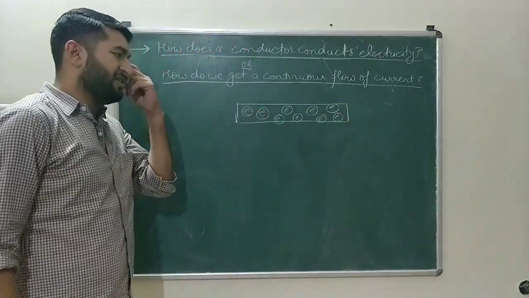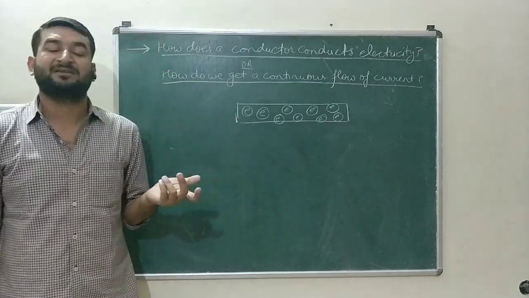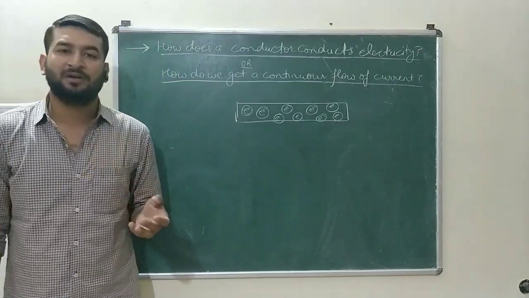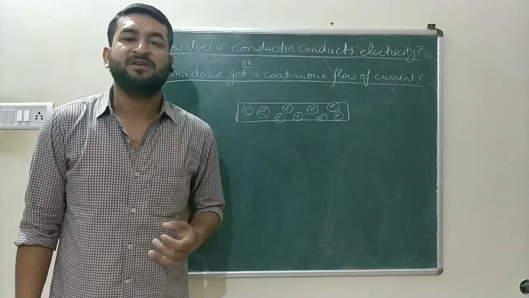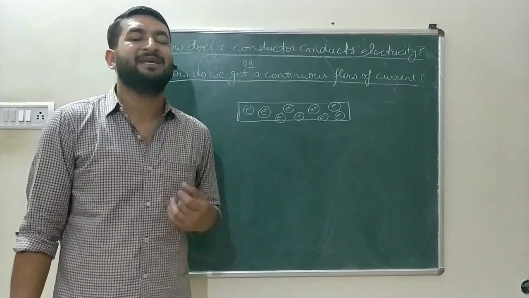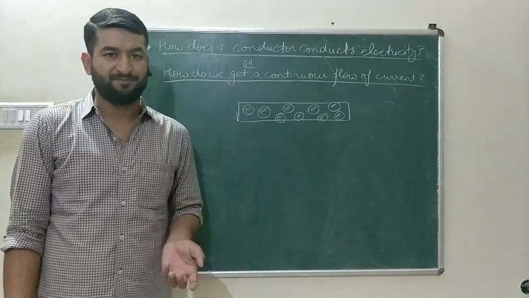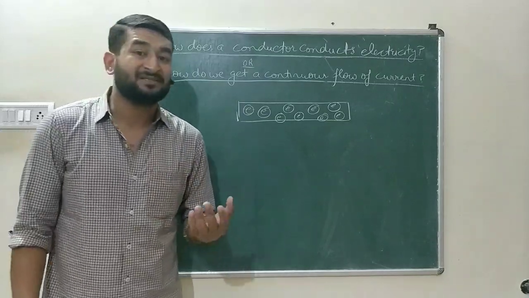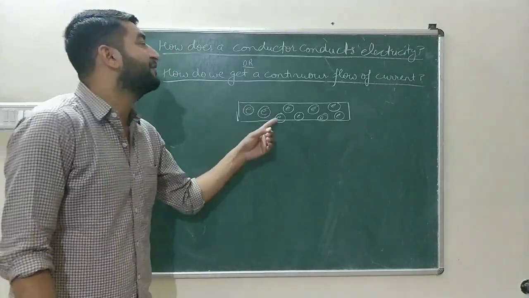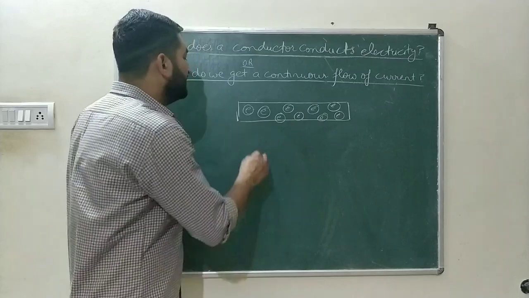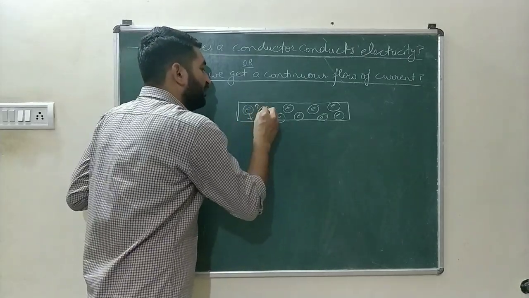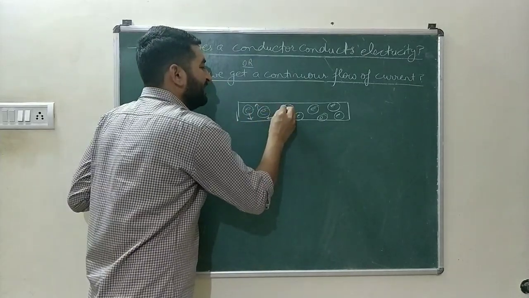You must have heard that metals are the best conductors of electricity, like silver, copper, aluminium, iron. Why are metals the best conductors? Because metal possesses free electrons. These free electrons are moving continuously in random directions.